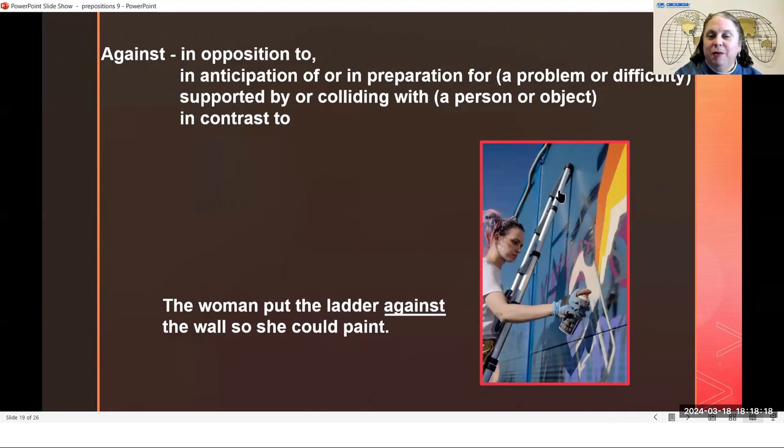The wall is helping to hold the ladder in place. So the ladder is against the wall because the ladder is being supported, being held up, being held in place by the wall.